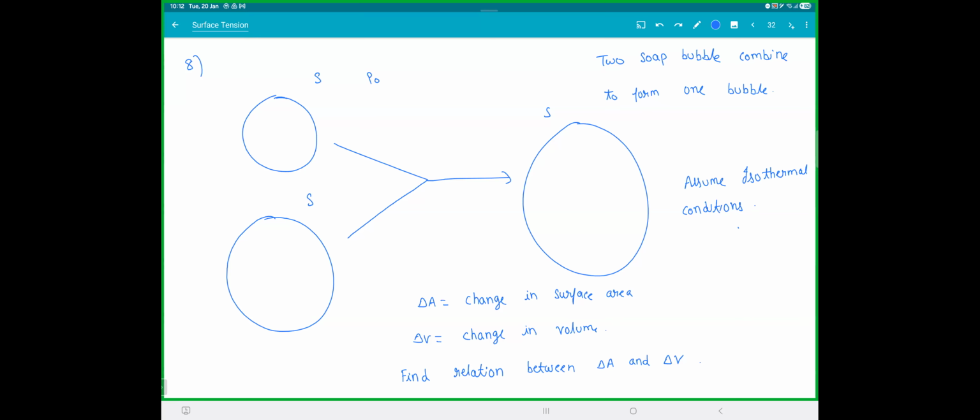How do we do this? So we have two soap bubbles.